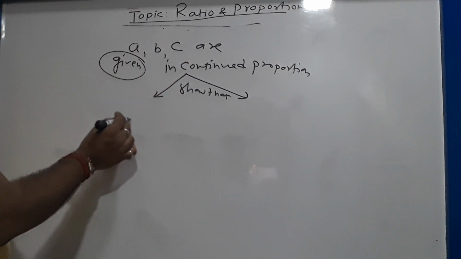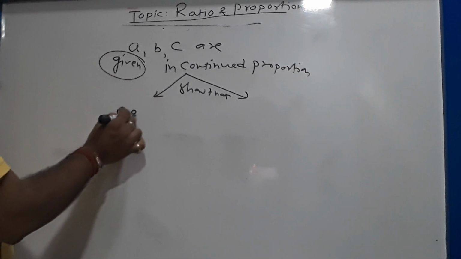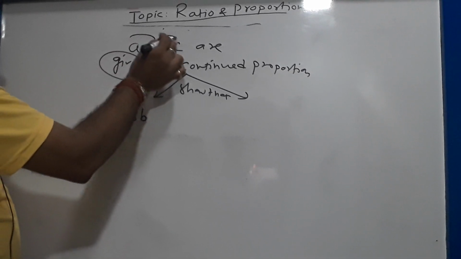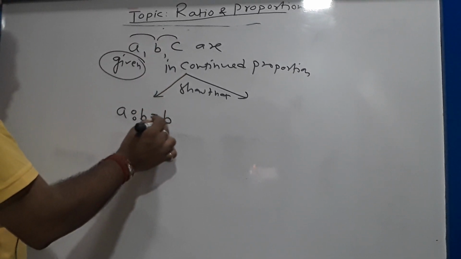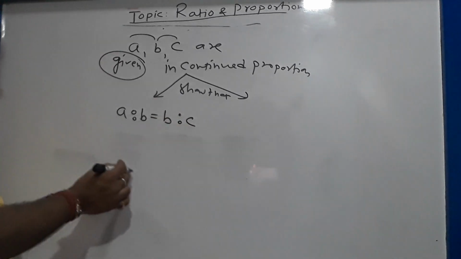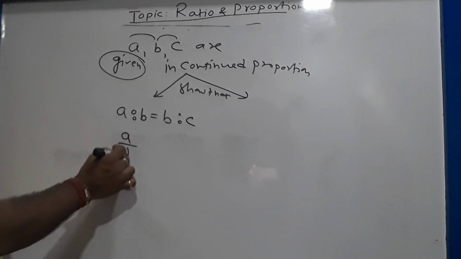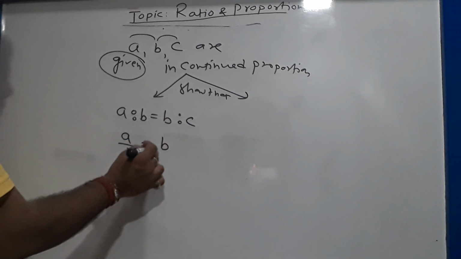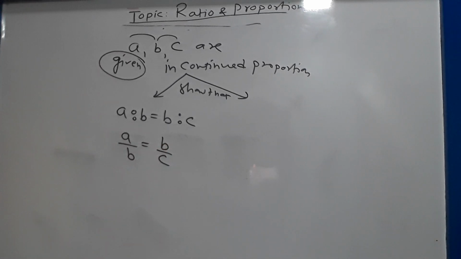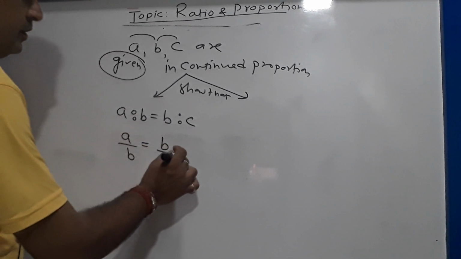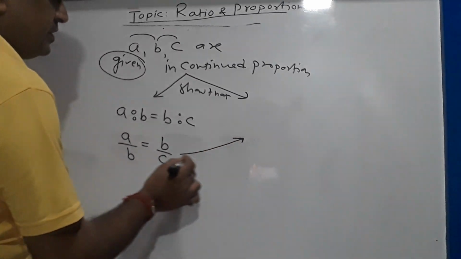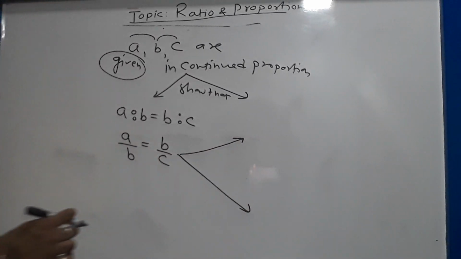A, B, C are in continued proportion, that means A ratio B is equal to B ratio C, correct? So A upon B is equal to B upon C. Then from this onwards, there is a divergence. There are two methods.